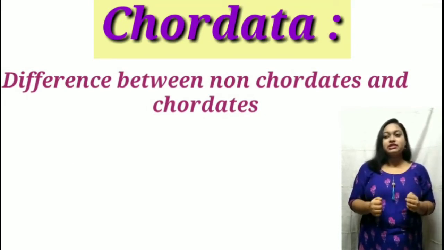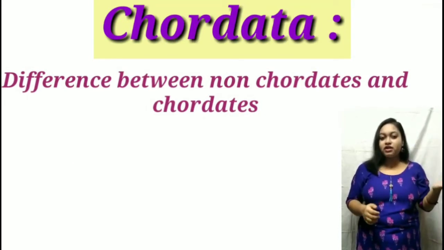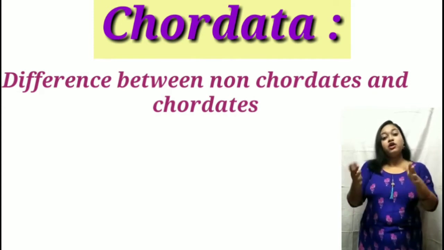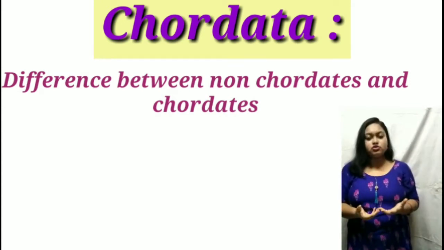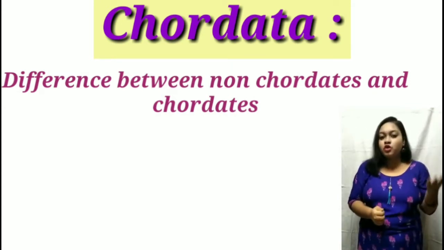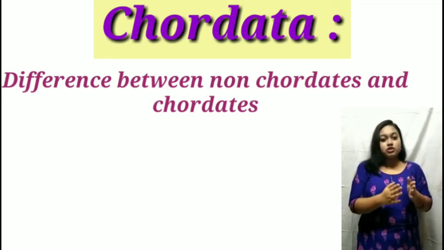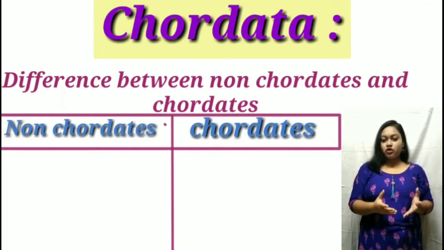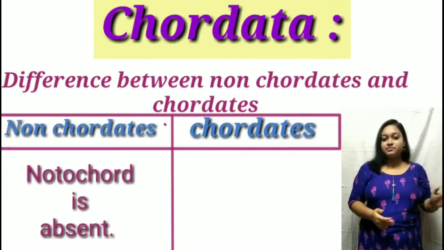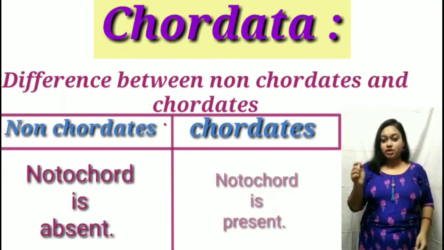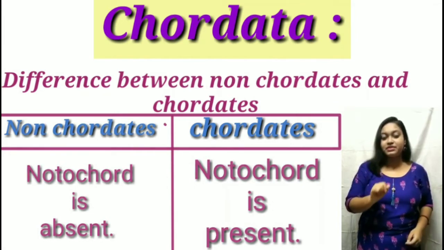Before, we knew the non-chordates, and now we will know about chordates. So what is the difference between non-chordates and chordates? Here is the difference. In non-chordates the notochord is absent, and in chordates the notochord is present.